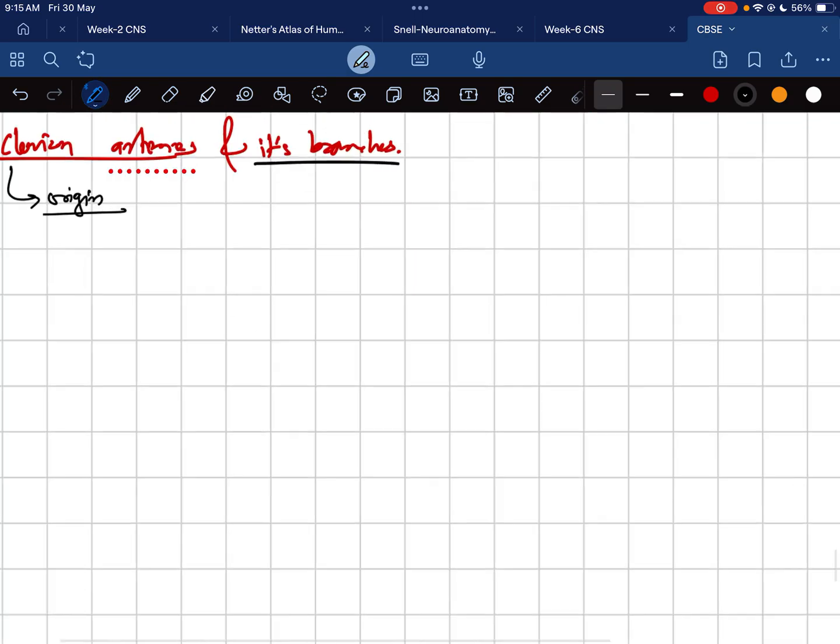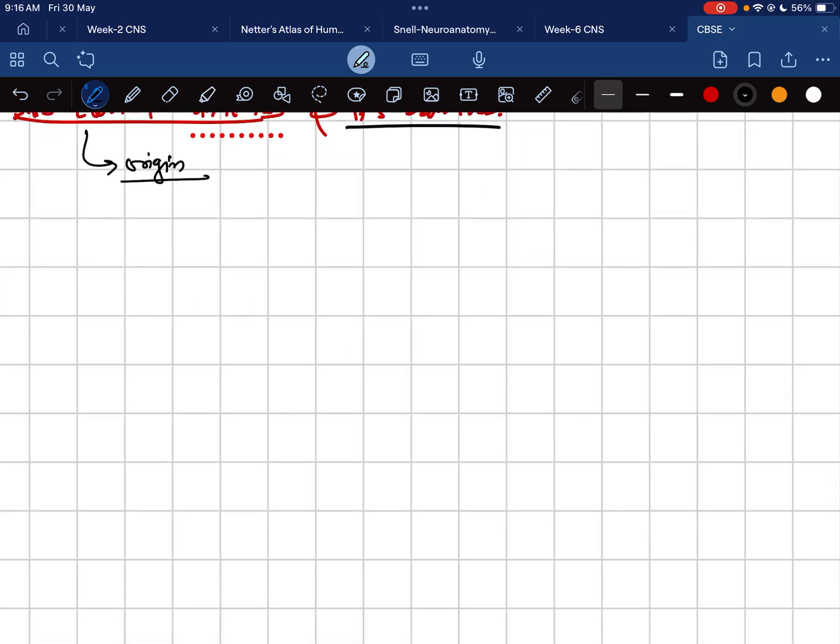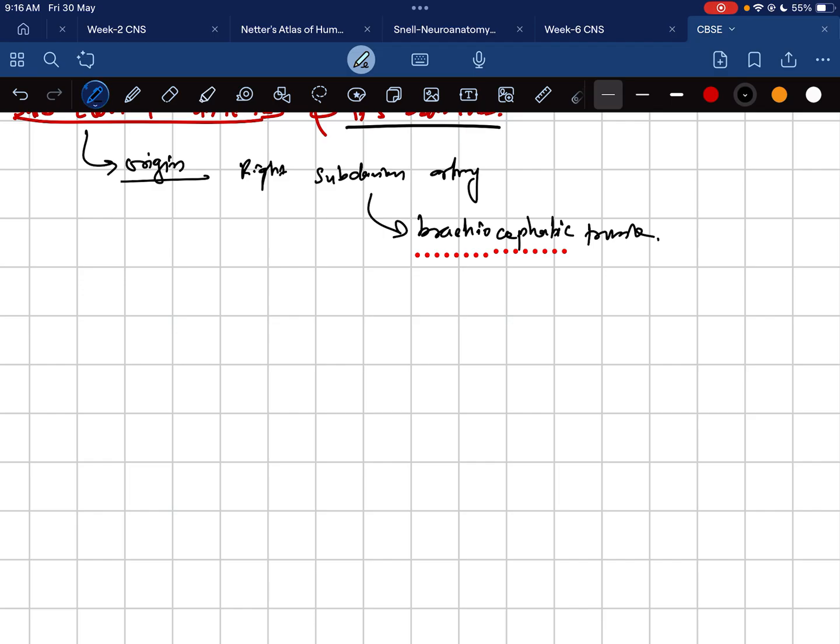When we look at the image, the right subclavian artery originates from the brachiocephalic trunk at the region where the sternoclavicular joint is present, at the root of the neck.